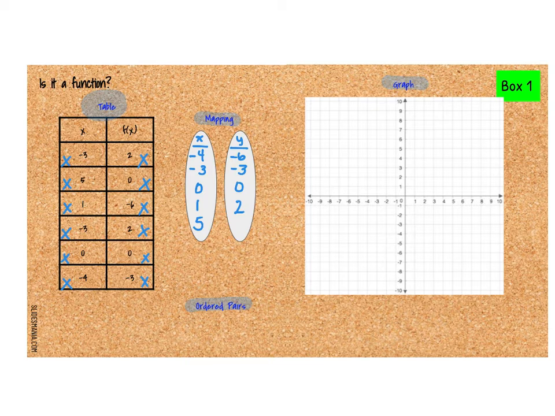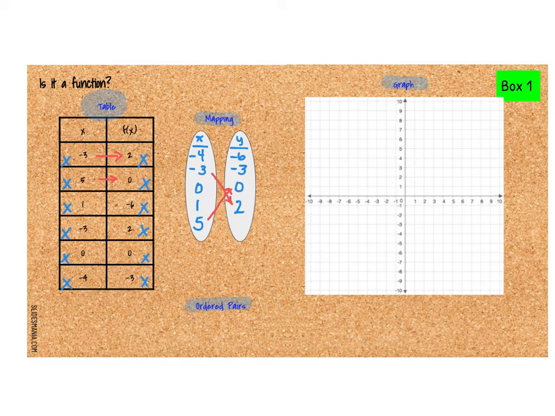So now that I have them written, the next thing I'm going to do is write arrows depending on what number they correspond to. For example, -3 goes with 2. So I'm going to put -3, and draw an arrow going to 2. 5 goes with 0, so I'm going to draw an arrow from 5 to 0.